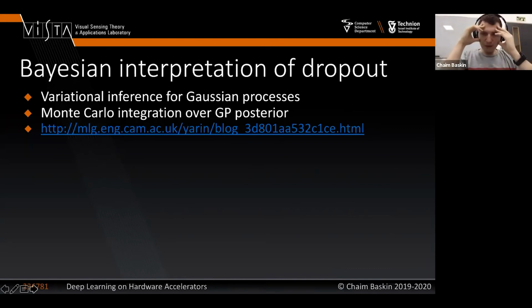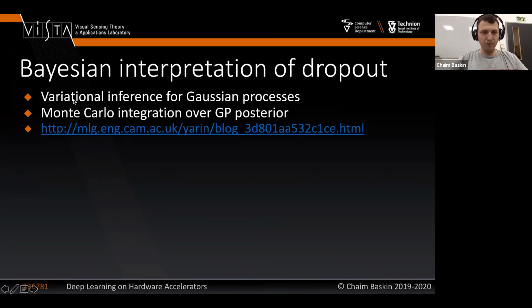In this course I'm not emphasizing the Bayesian approach, but in the Bayesian approach we are not looking at the values of the tensors, we are looking at the distribution of each value in the network.